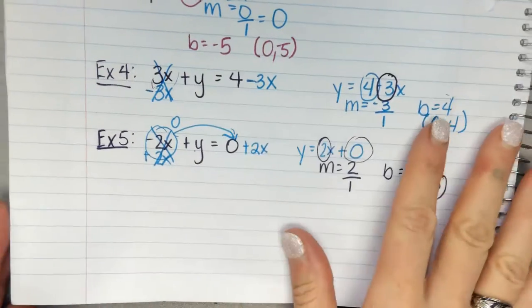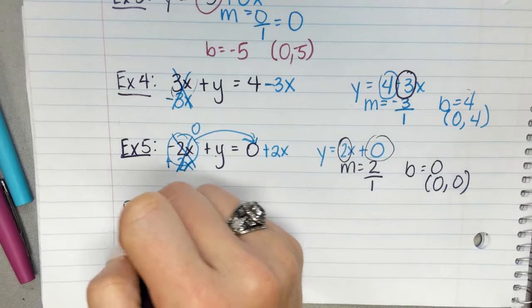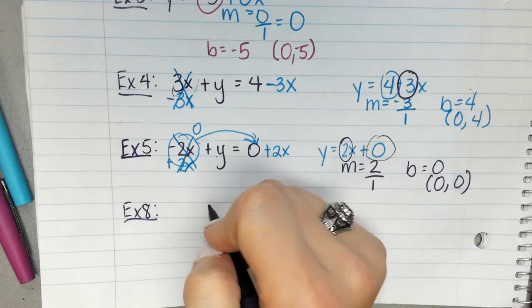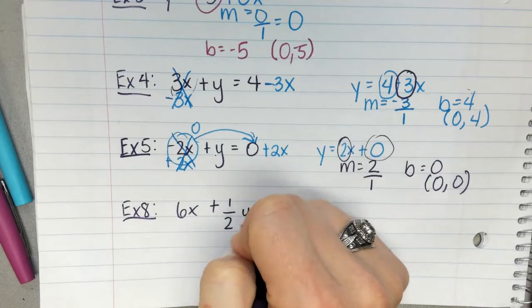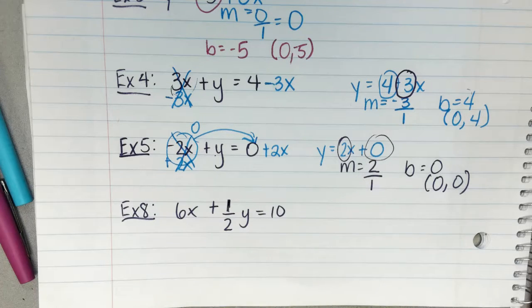I know I said that was your last one, but I do want to do one more, and you'll see why. This one's a tricky one. 6x plus 1/2 y equals 10. Ooh, we've got to get this into y equals.